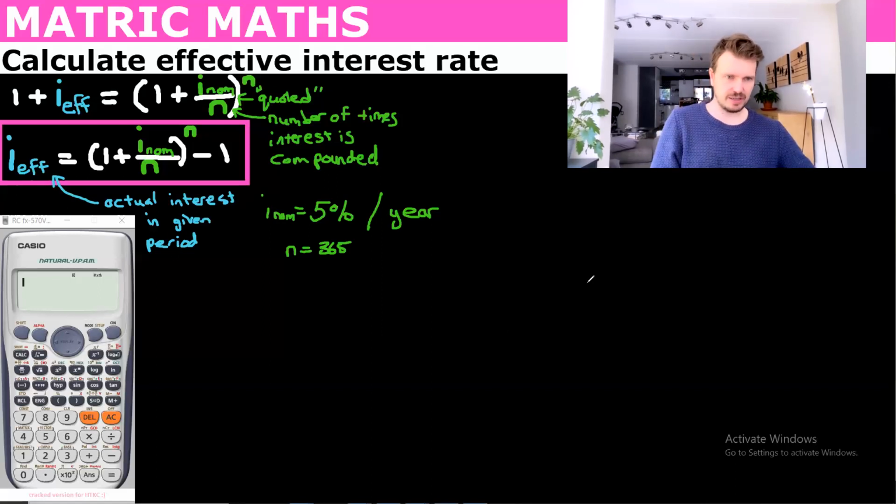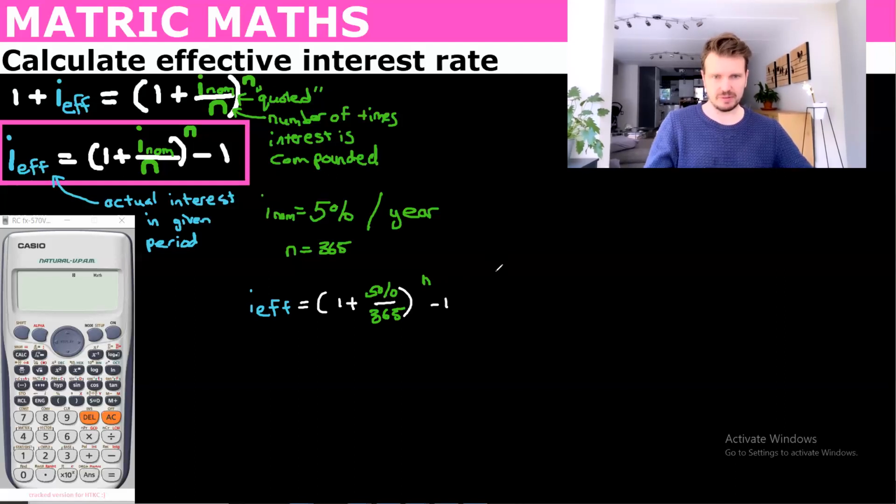So we can simply put that into the formula. So we'll say I effective equals 1 plus the nominal, which is 5%, over 365, the number of times that it gets compounded, n, and then it's minus 1.